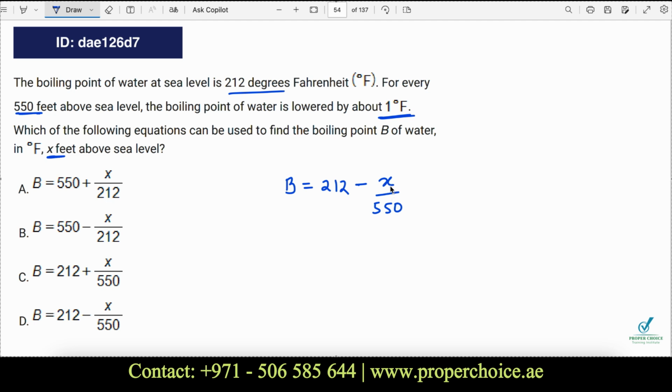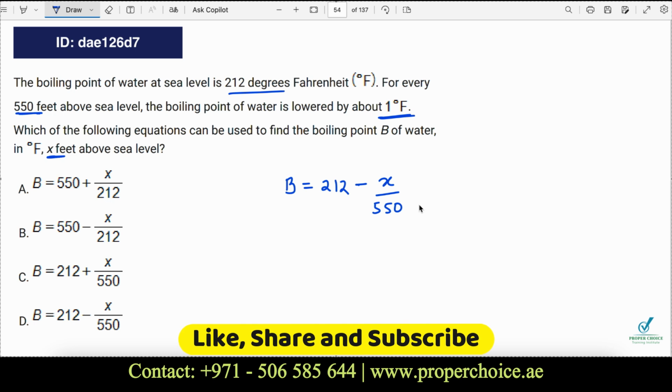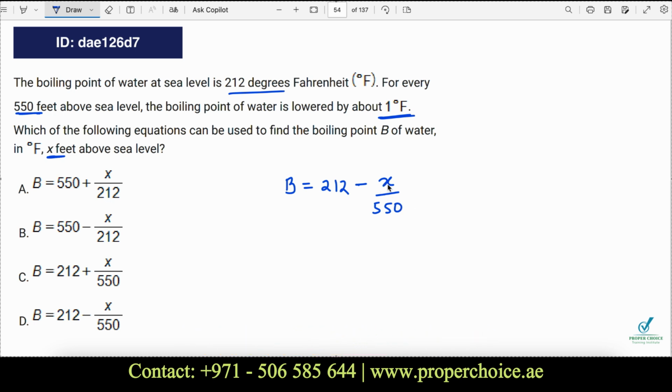Suppose x is 1100, divided by 550 gives me 2. So 212 minus 2 is the decrement of temperature for a height of 1100 feet above sea level, and so on. This makes sense with option D. So this is the right equation for the given information.